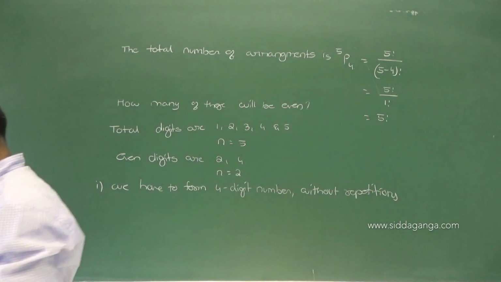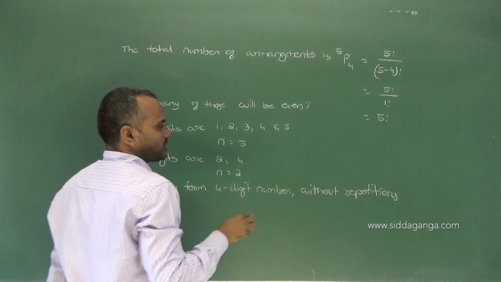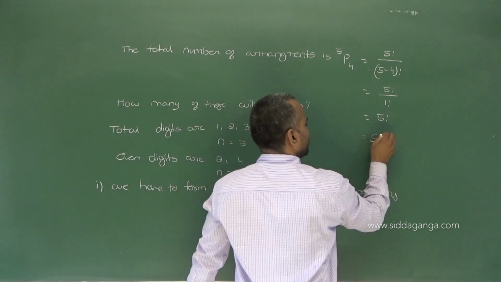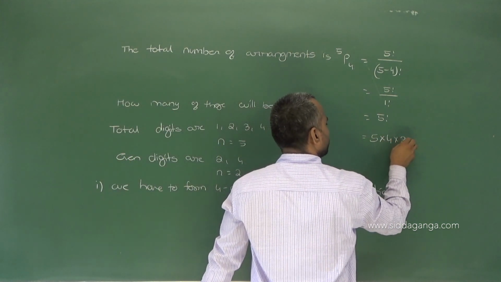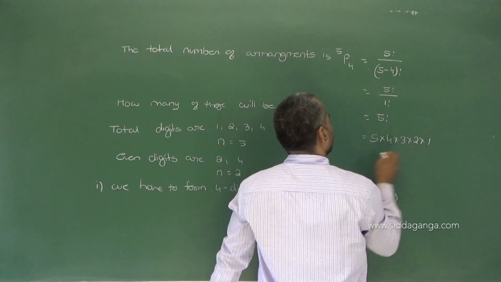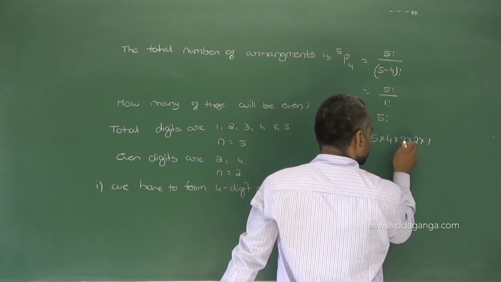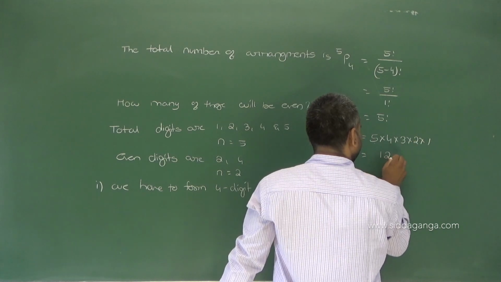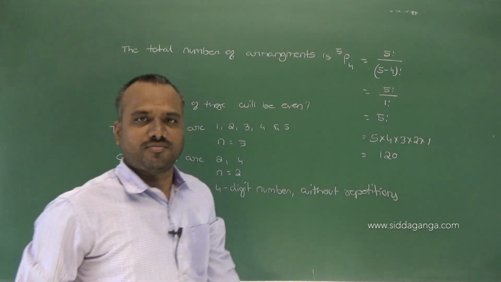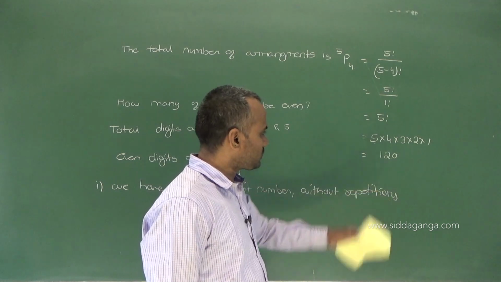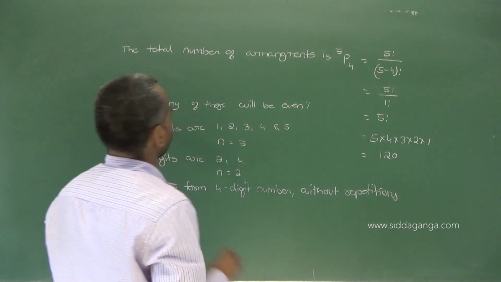So calculate 5 factorial. 5 factorial is 5 into 4, 3, 2, 1. 20, 60, 120.